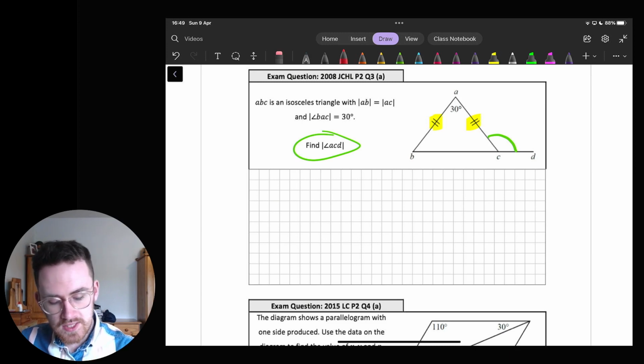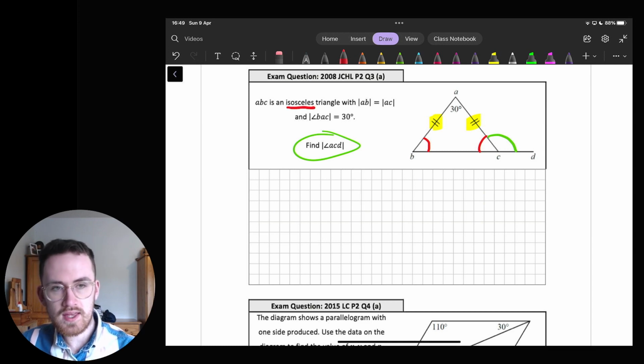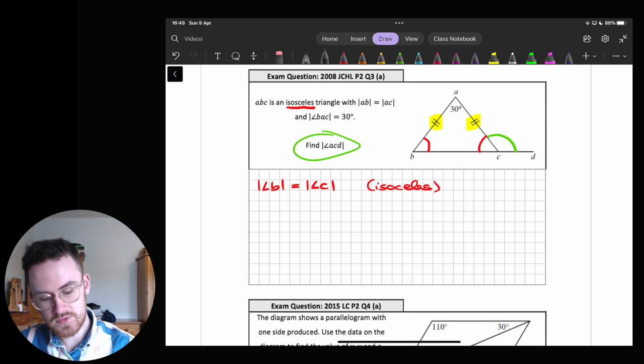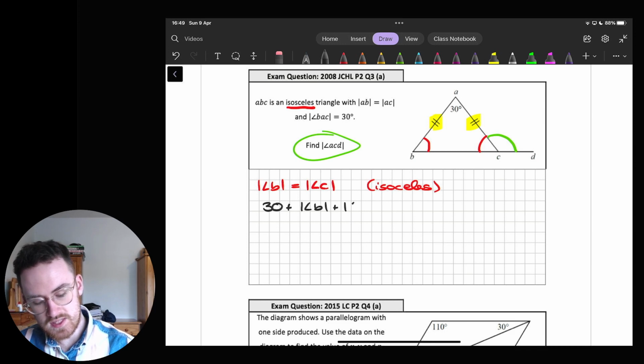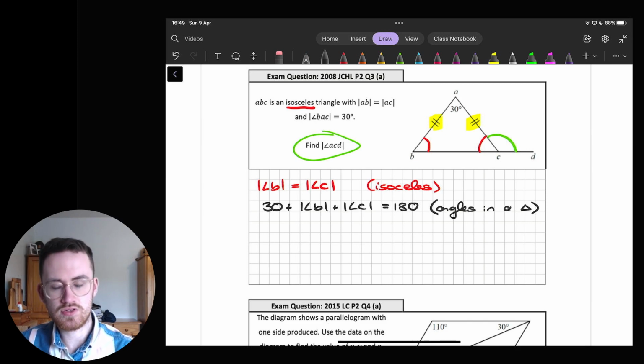One other thing that we know is this angle here and this angle here will be equal to each other. And why is that? It's because we have an isosceles triangle. So we can say that angle B is equal to angle C, and that's because it's isosceles. We can also say that 30 plus angle B plus angle C is equal to 180, because angles in a triangle add up to 180 degrees.